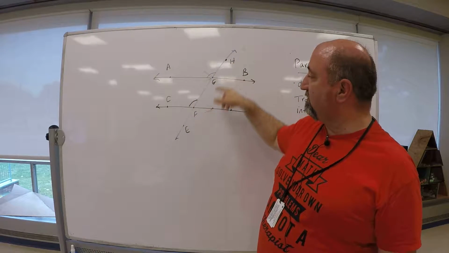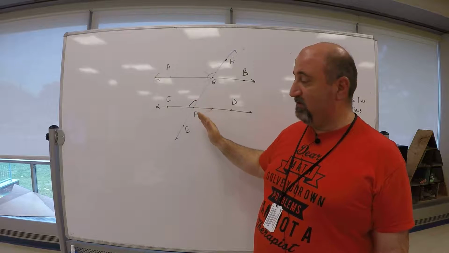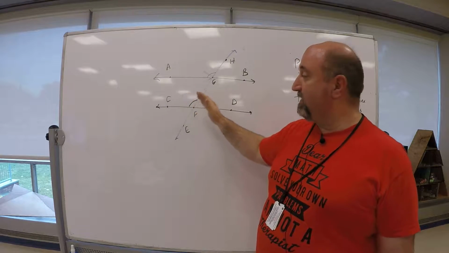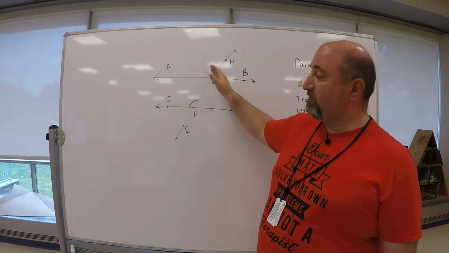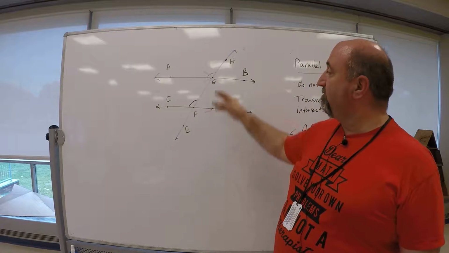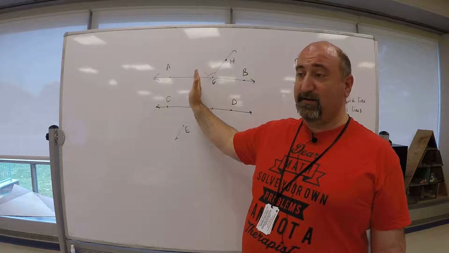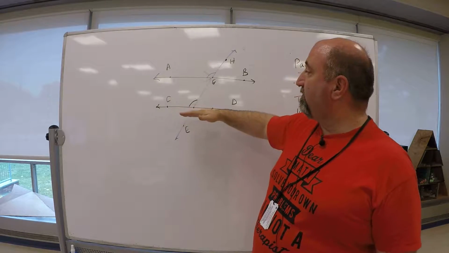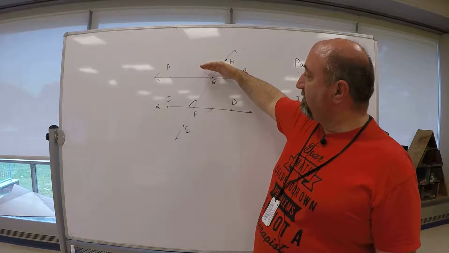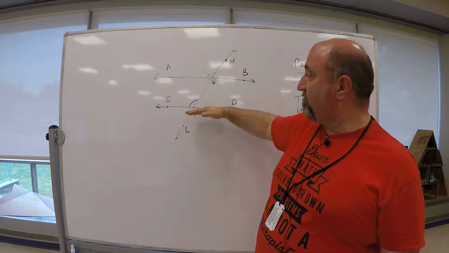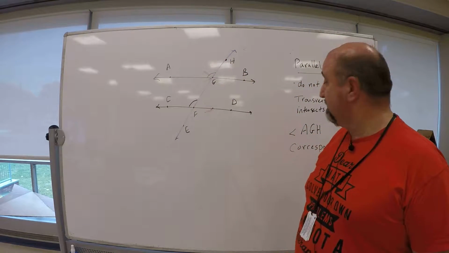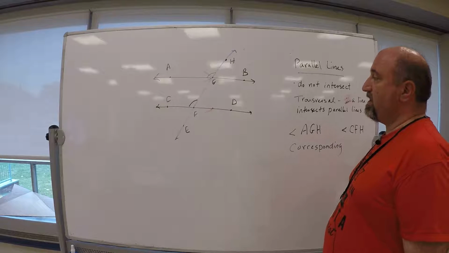In other words, here you have the transversal cutting across a line, and this is on the upper left side. Similarly here, this is also on the upper left side of that intersection point. Another way to say that is they're on the same side of the transversal and on different sides, the top sides, of the two parallel lines. All right, so corresponding angles.